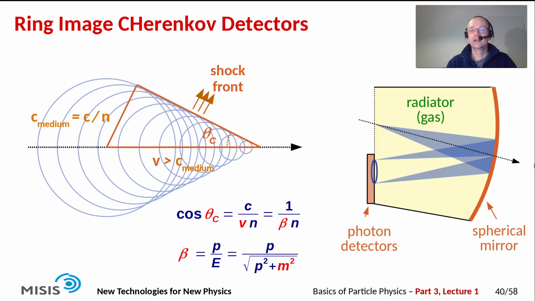Now, in case you are not familiar with the concept of the ring imaging Cherenkov detector, Cherenkov light is always created when a charged particle traverses a medium at a speed that is larger than the speed of light in that medium.